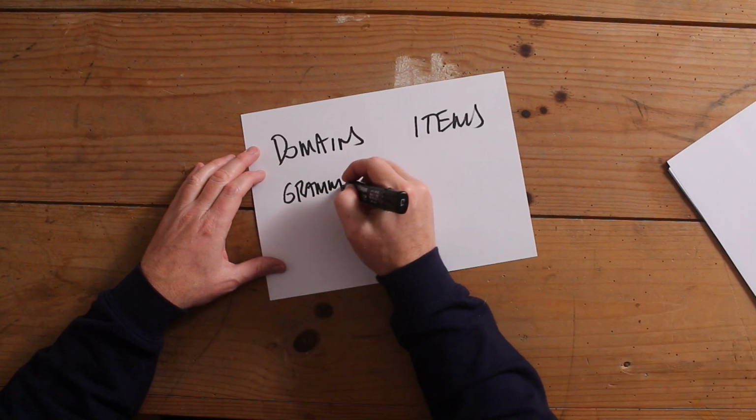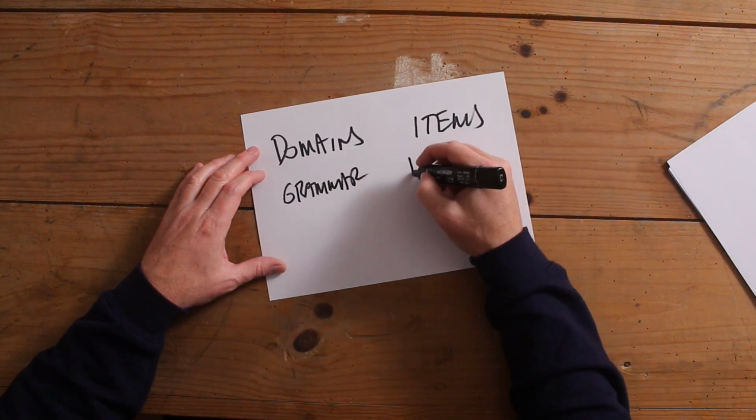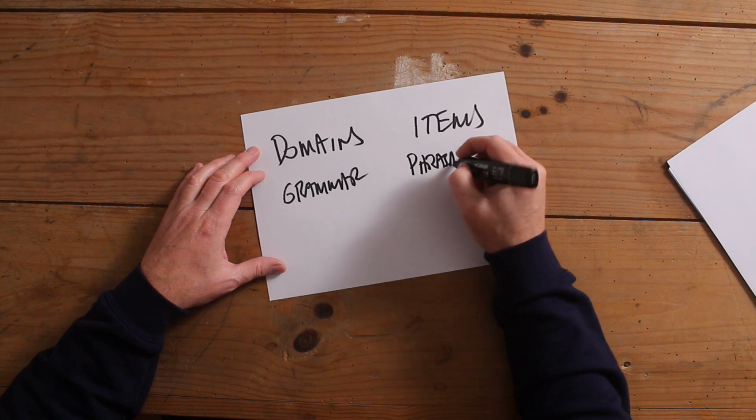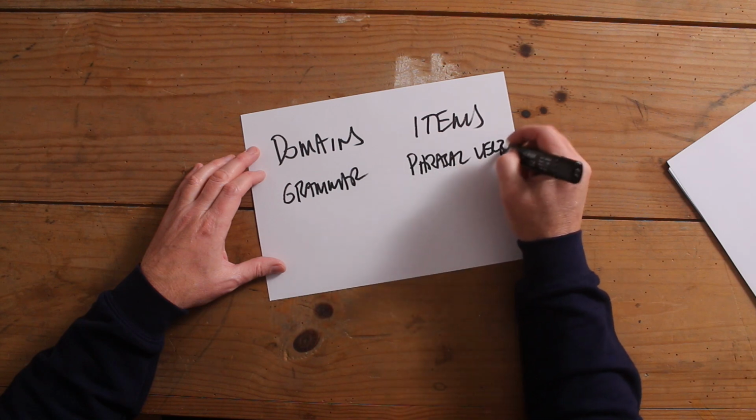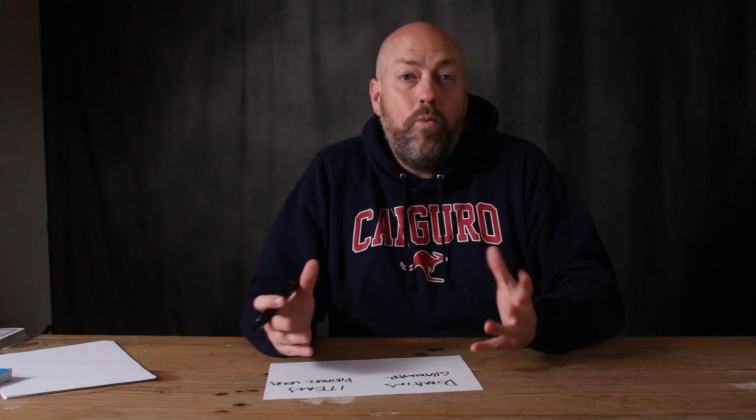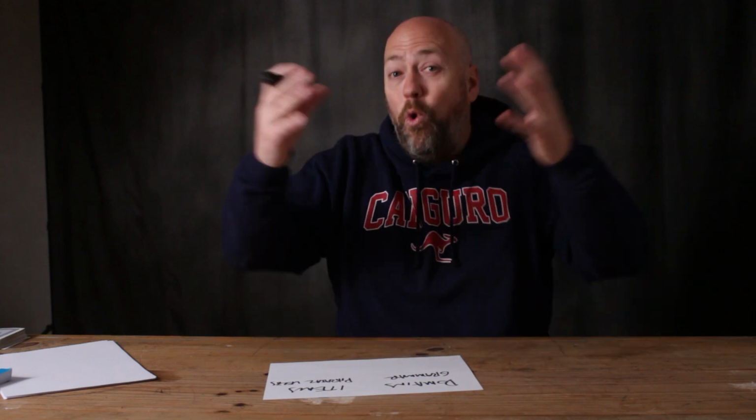The domain might be English grammar, and the items might be phrasal verbs. And so we select a few phrasal verbs to represent all of the phrasal verbs that you might know. And that represents your knowledge of English grammar.